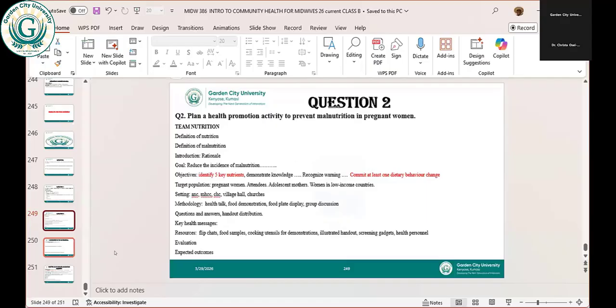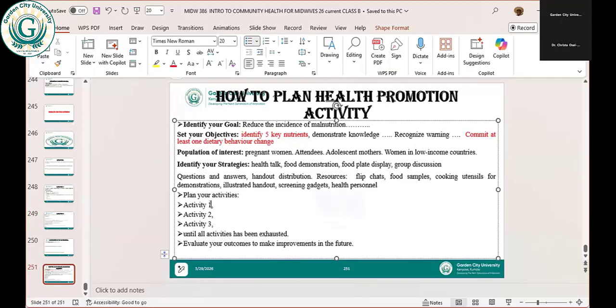So activity 1 would have been, let's say, lectures, and this is where you tell them everything about malnutrition. Then activity 2, you said health talk. Health talk on what? I believe it will be on malnutrition. Then activity 3, they will have to demonstrate knowledge on something, so this is where you demonstrate the food.